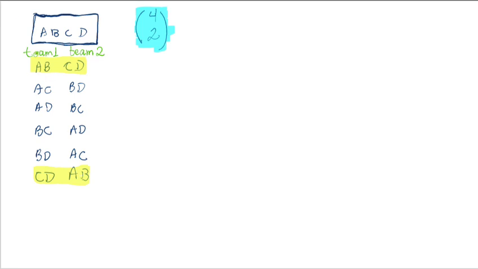Okay, but when I don't have a label for the teams, I just say, look, I just want to group two groups of 2 people, right? It doesn't matter if A, B go to one side and CD goes to another. It's just equal to CD on this line, right?